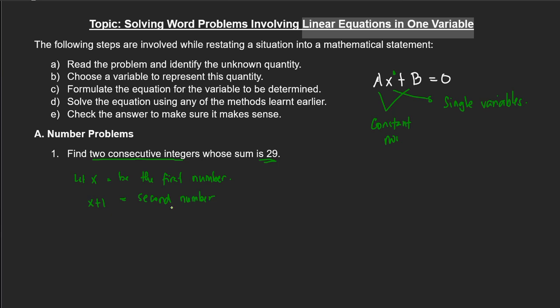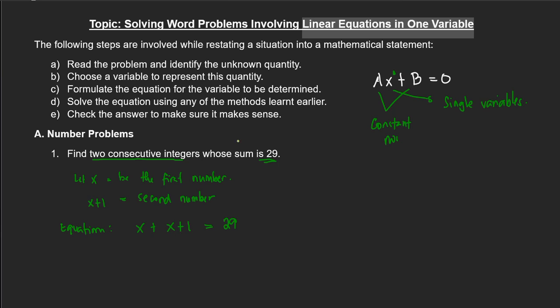Okay? Now, in this case, we already have our equation. We have x plus 1, so our equation here will be x, that is our first integer, plus the second integer, which is x plus 1, is equal to 29.